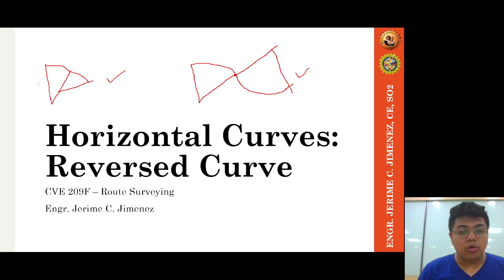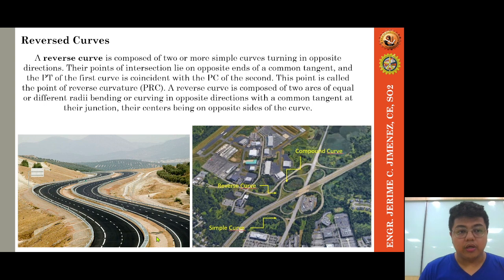So, kung concave silang dalawa parehas, pagdating kay reverse curve, from the name itself na reverse, i-reverse natin yung concave into a convex. Okay? So, magkakaroon ka ng transition from one direction to another direction. Okay? So, we'll proceed in the discussion of reverse curvature.